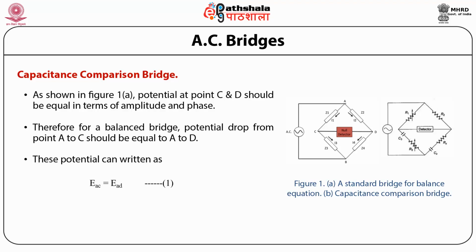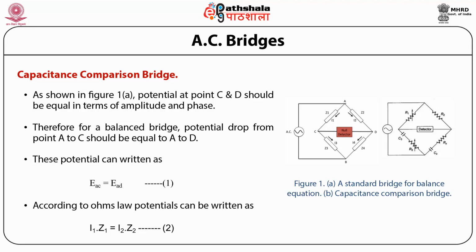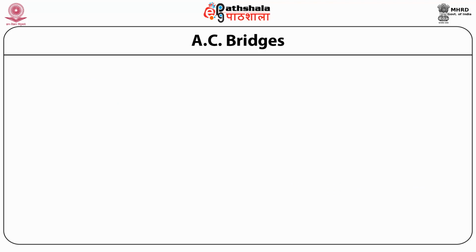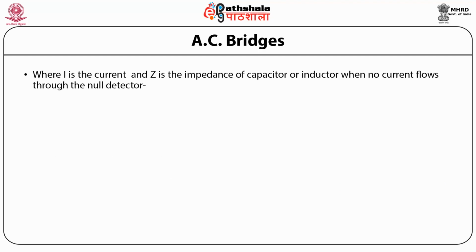This is equation 1. According to Ohm's law, potentials can be written as I1 dot Z1 equals I2 dot Z2. This is equation 2, where I is the current and Z is the impedance of the capacitor or inductor.